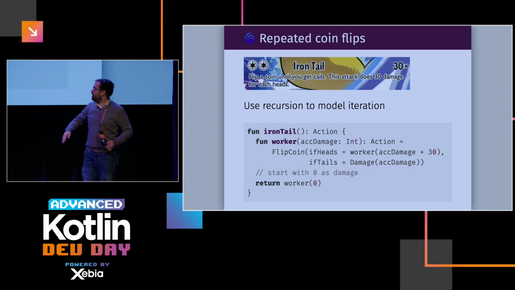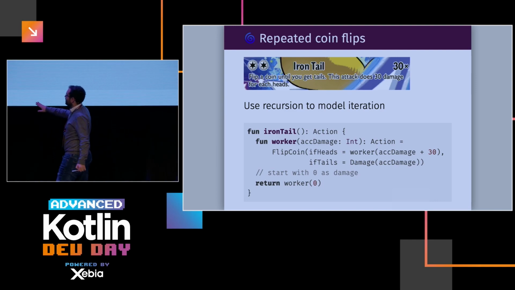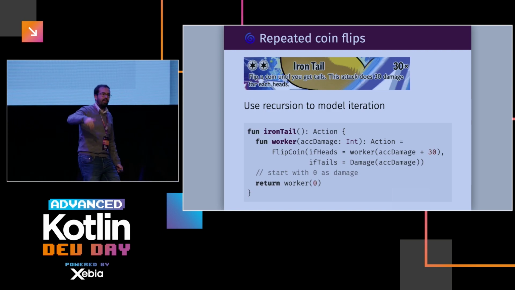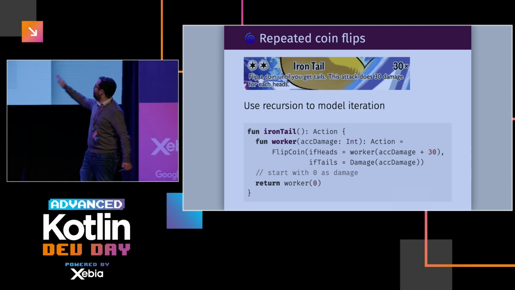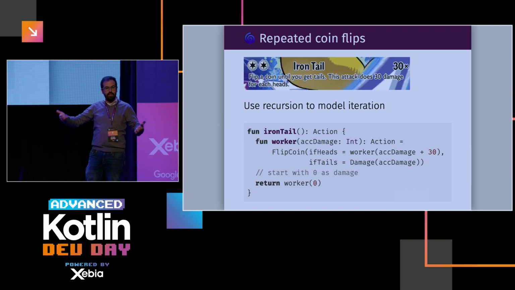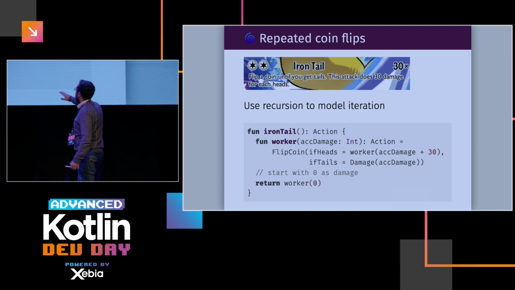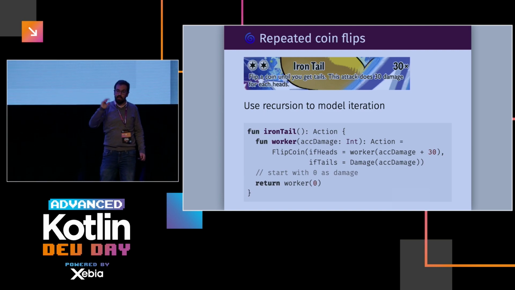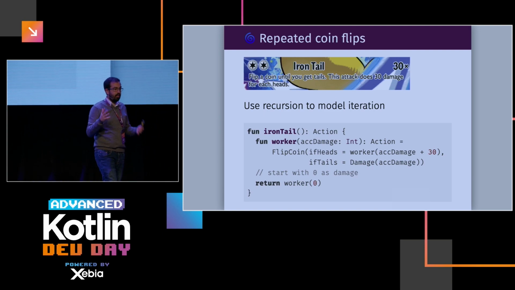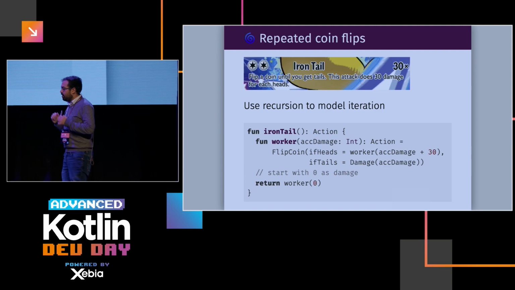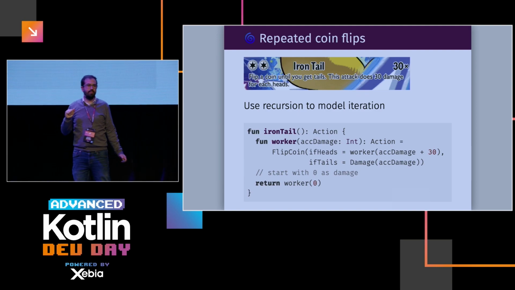So we start with 0. We get heads, then we go into the worker with now 0 plus 30, 30. We get heads again, then we go with 30 plus 30, 60. Now we get tails, then we are done. We have the damage. And the important thing, again, to show here is that we don't need any additional thing. We can just use Kotlin to implement this.